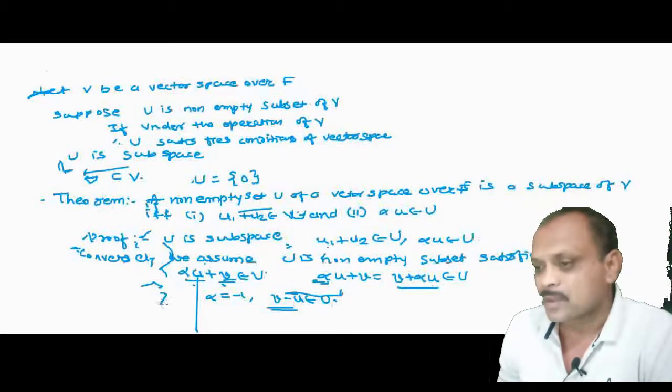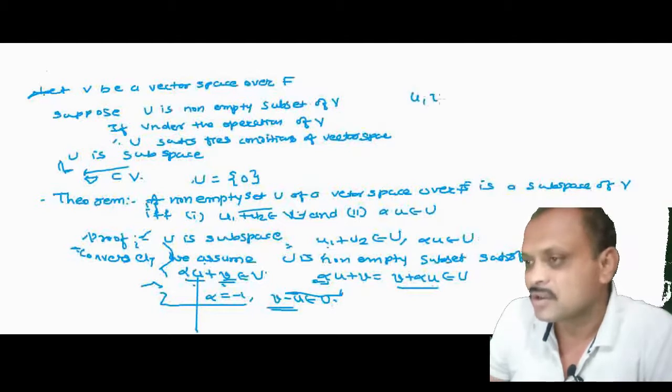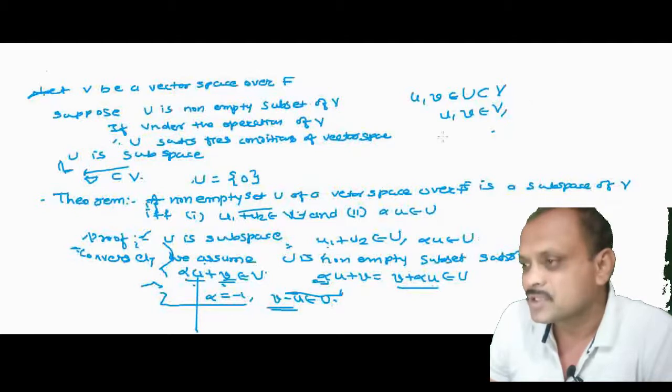Okay, now consider any two elements. Suppose that u, v belong to U. Since U is a subset of V, we have u, v belong to V, but V is a vector space, and therefore it satisfies these conditions: first, alpha times u plus v equals alpha u plus alpha v.